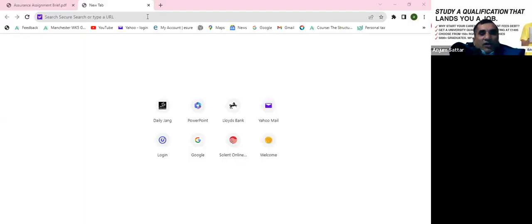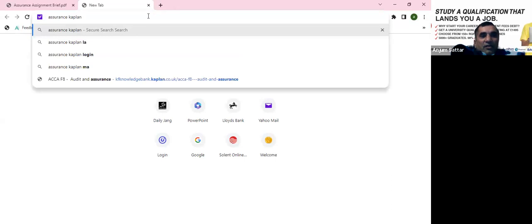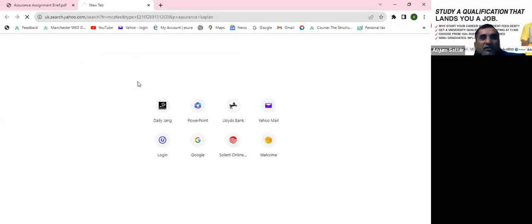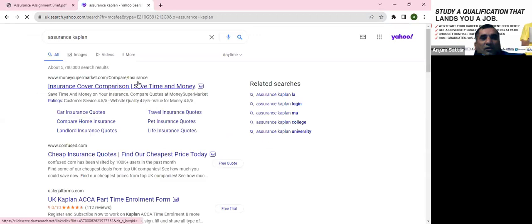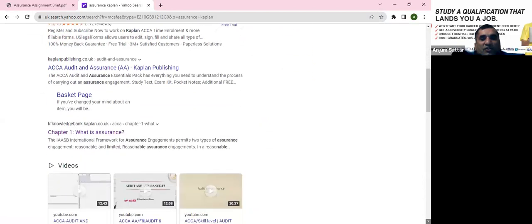So let's say you're looking for audit assurance, and next to that you write the word Kaplan. Kaplan is a publisher. In a Google search, you can find a lot of material on assurance, because Kaplan is, of course, a more authentic source, the publisher.